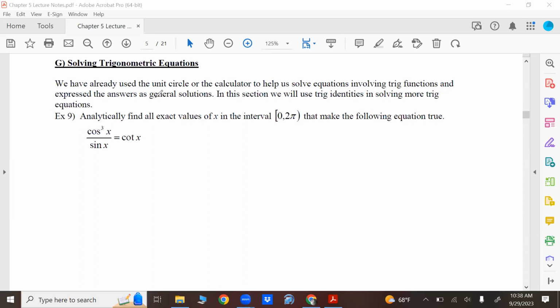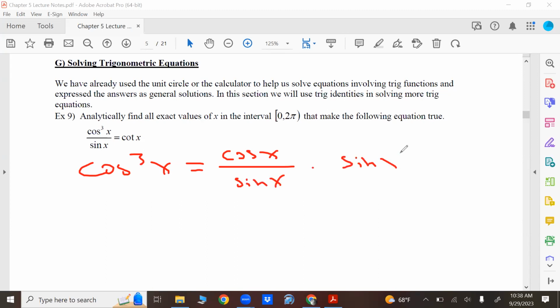So what I would probably do is multiply both sides by sine x and convert cotan to cosine x over sine x. It's probably the first thing I'd do, right? I did two things at once. I changed the cotangent to cosine over sine and multiplied both sides by sine. Then these cancel.